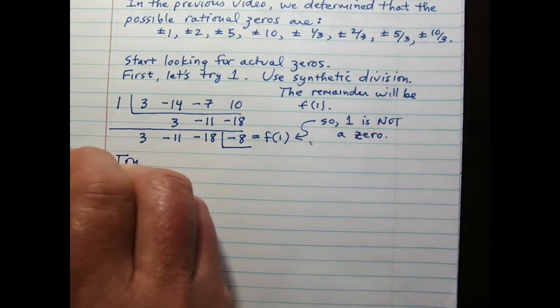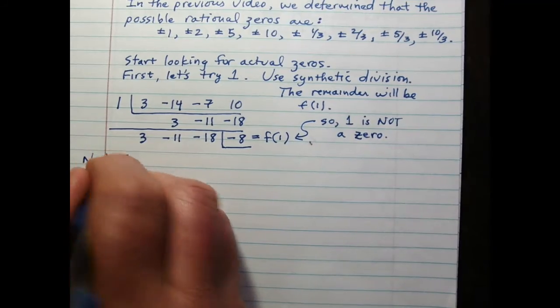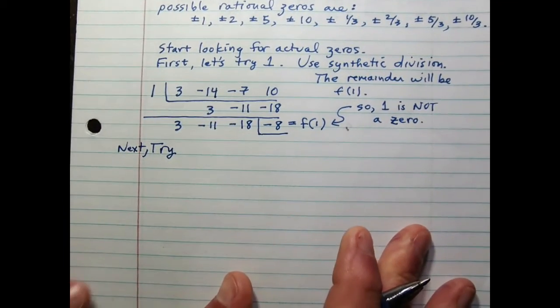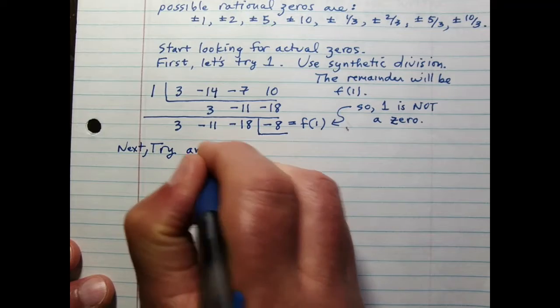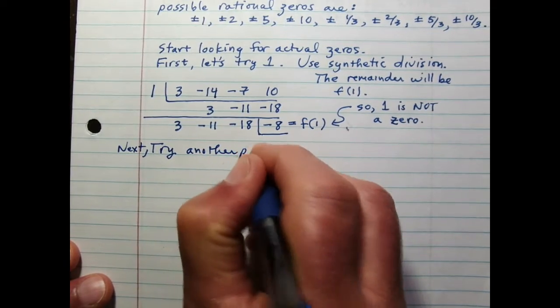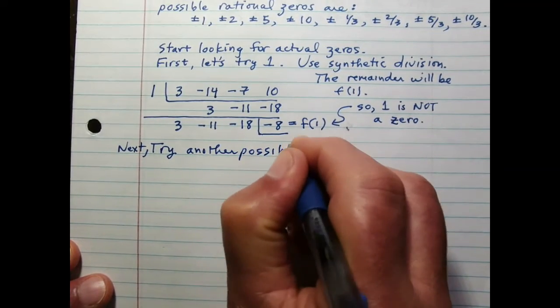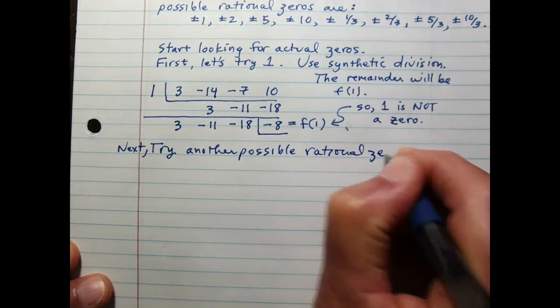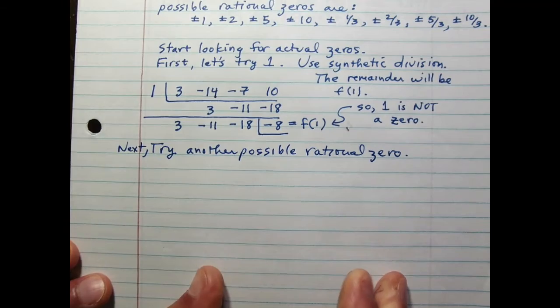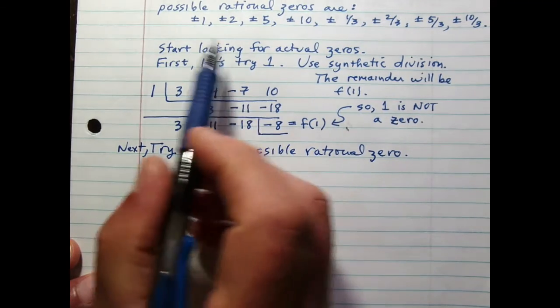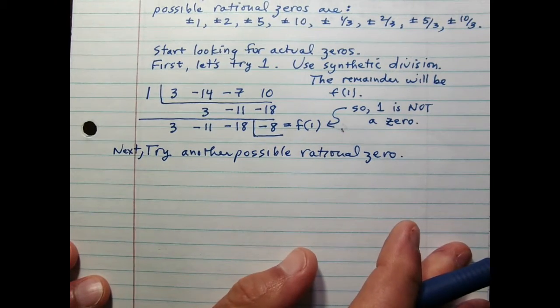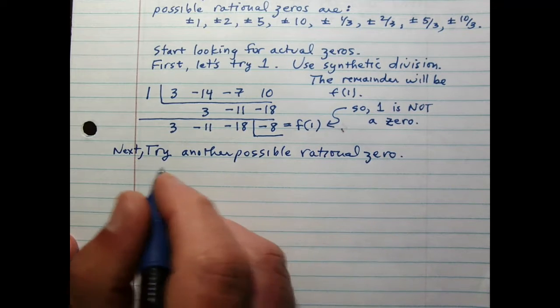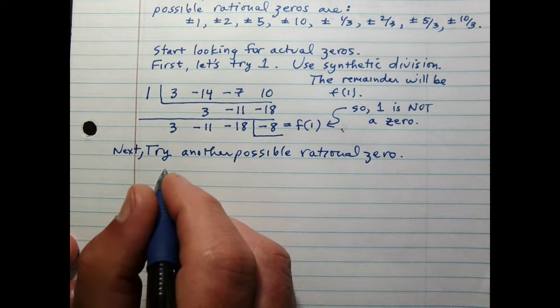So next, we're going to try another possible rational zero. Now, you can go through those possible rational zeros in any order, but I try to work with the easiest numbers first.